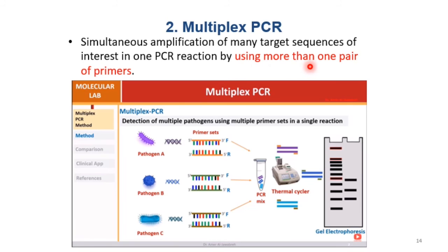Of course, in this case, you need more than one pair of primers. So more than one pair of primers with more than one DNA sequence will be included in a PCR master mix and in the thermocycler, so you will have a multiplex PCR product.